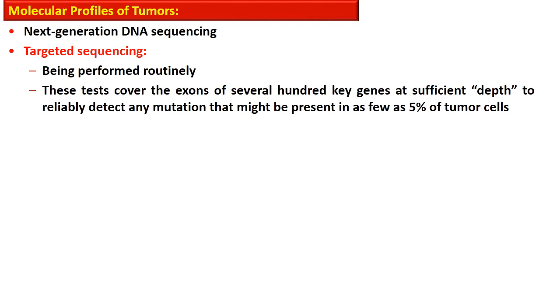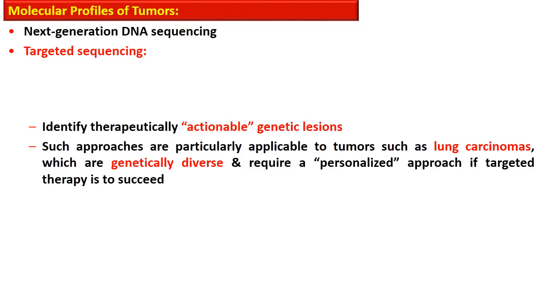Next generation DNA sequencing is done for research purposes, while targeted sequencing is done for routine diagnostic procedures. These tests cover the exons of several hundred key genes at sufficient depth to detect any mutation that is present in as few as 5% of the tumor cells, and the goal is to identify therapeutically actionable genetic lesions.